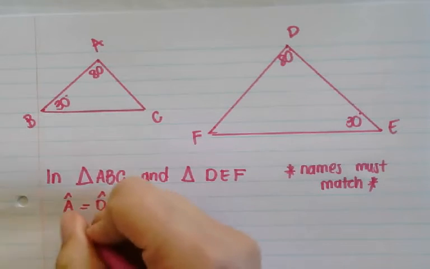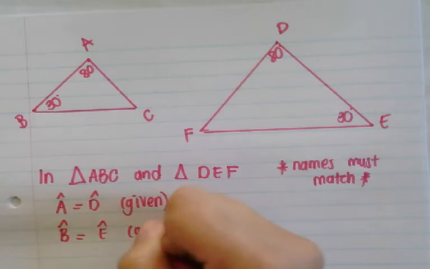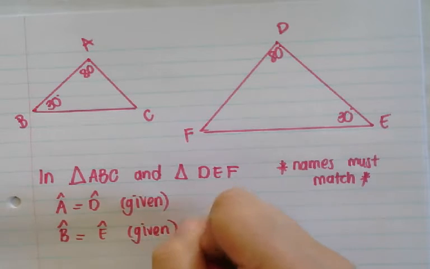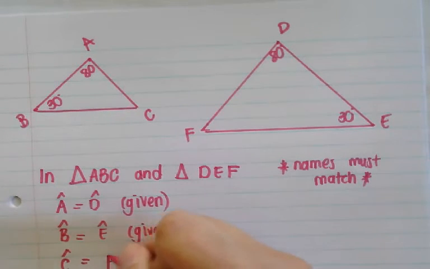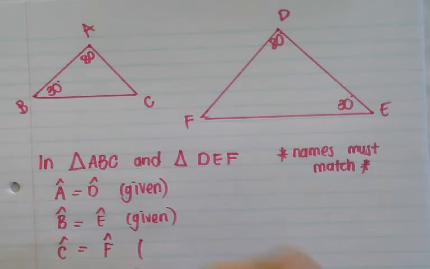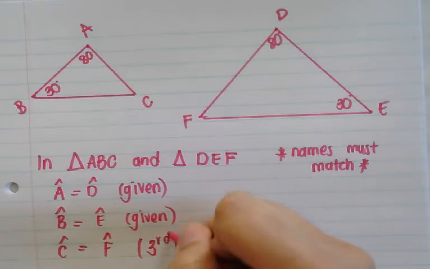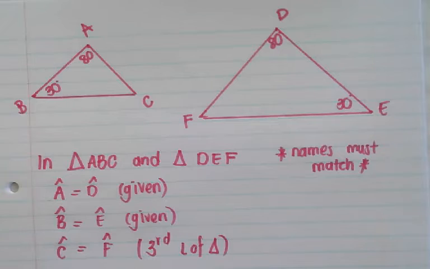B is given to me, that is equal to E. And C must be equal to F, which is technically not given to me, so what reason would I use? Interior angles of a triangle, or we can call it that the third angle of the triangle has to be equal. But I would mark interior angles of a triangle as well.